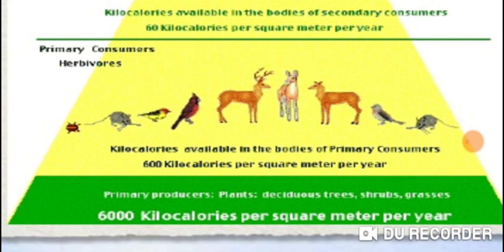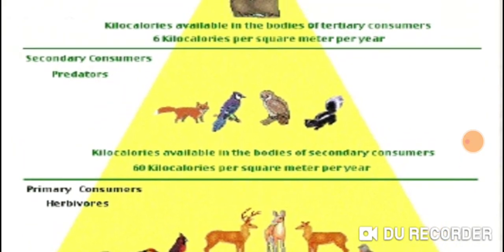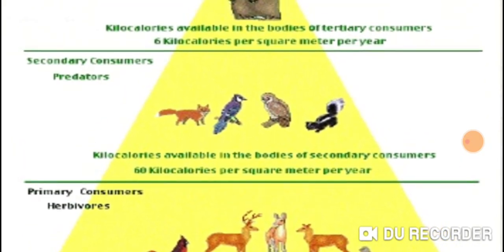For example, deer, sparrow, mice for fruits, and cow, buffaloes. So these are primary consumers and herbivores, plant eaters. The second one is the secondary consumers. These are the predators that eat the primary consumers.